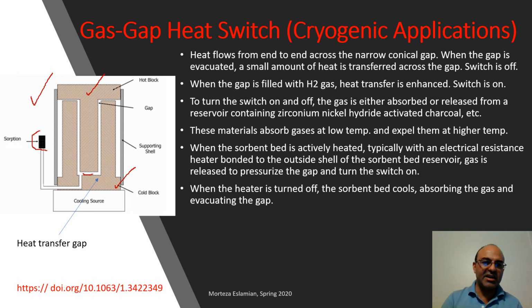So the heater is turned on here, it releases hydrogen. And as we turn off the heater, it will absorb the hydrogen back, so the thermal switch will turn off.